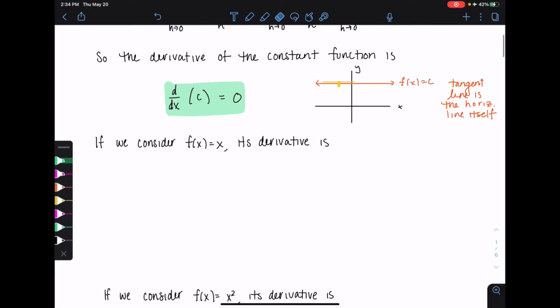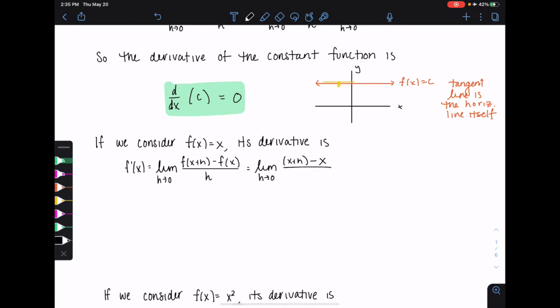Now let's try our identity function. So f of x equals x. Utilizing again our formal definition, the derivative is the limit as h approaches 0 of f of x plus h minus f of x divided by h. So we take the limit as h goes to 0 of x plus h minus x over h.